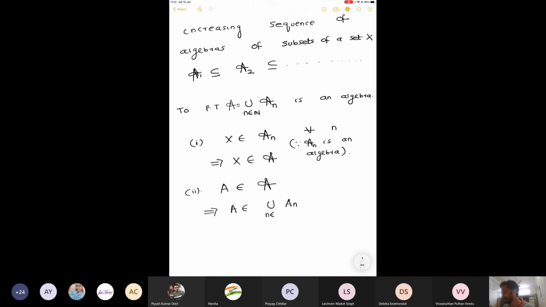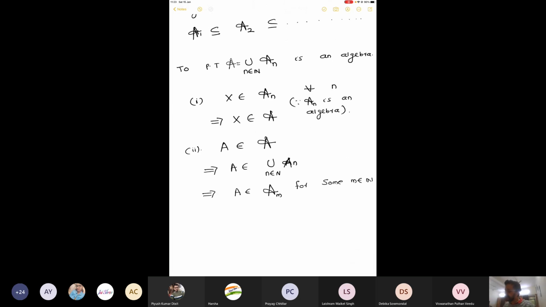That's the definition of script A. That will imply A is in A_m for some m. But A_m is an algebra. That implies A complement is in A_m. Because A_m is an algebra.